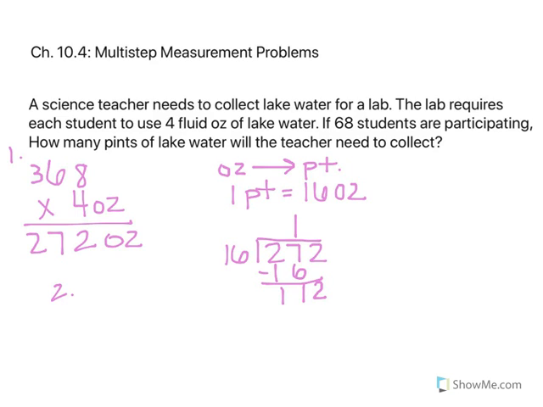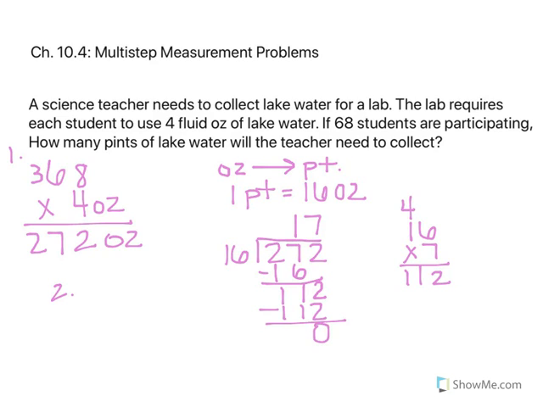I kind of just need to know that 6 times 2 is 12, and I'm thinking of 6 times 7 is 42, and that would give me a 2 in the ones place. I'm kind of just using my estimating and my facts to find the number that will fit the best, and boom, what do you know? It's 17.